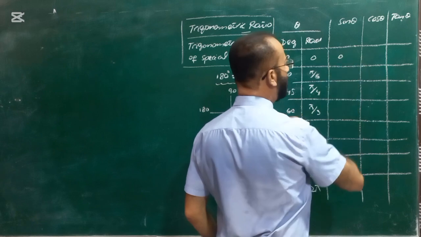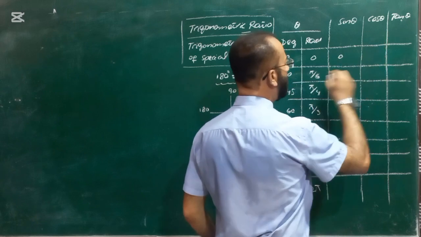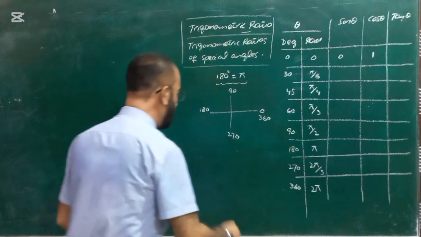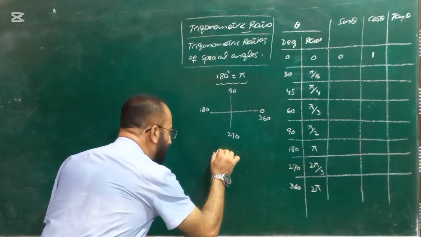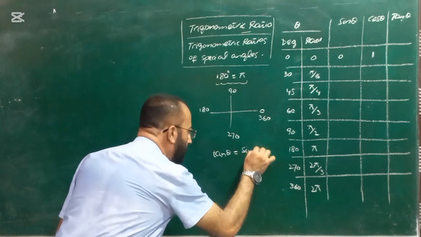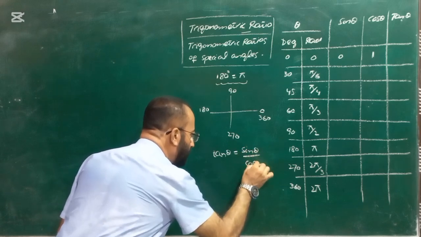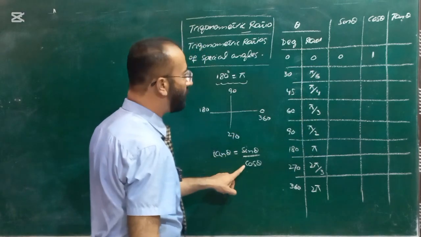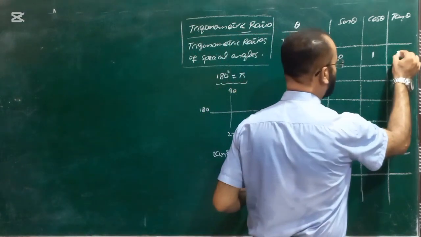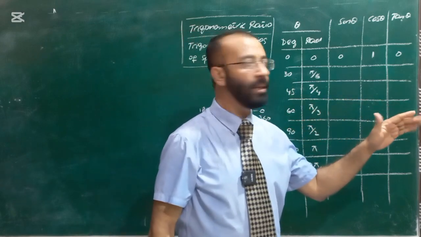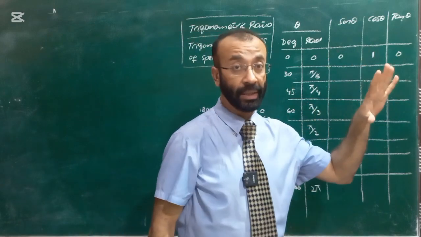So sine 0 is 0 and cos 0 is 1. And because tan theta is equal to sine theta over cos theta, sine theta is 0, so 0 over 1 will be 0.